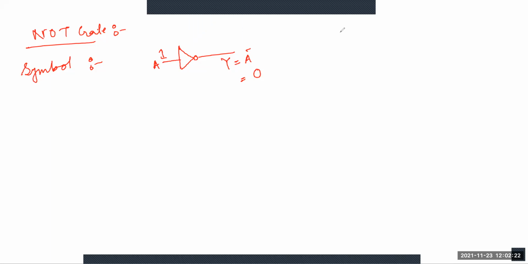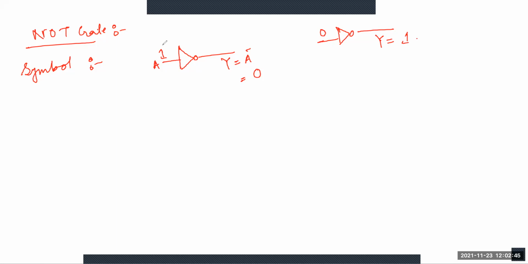Suppose here this is a NOT gate. Suppose here we are putting in the input 0. So what is the output? What is the output? We are giving 1. When we give 1 we get 0, so when we give 0 we will get 1.